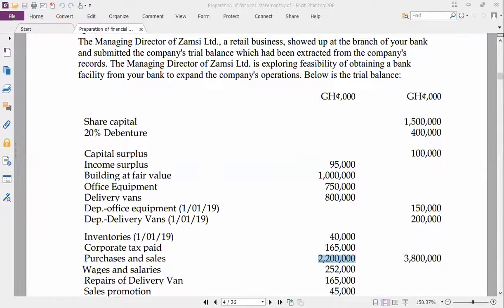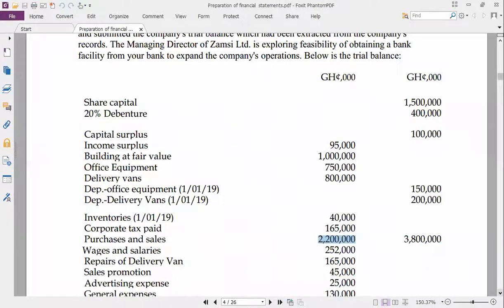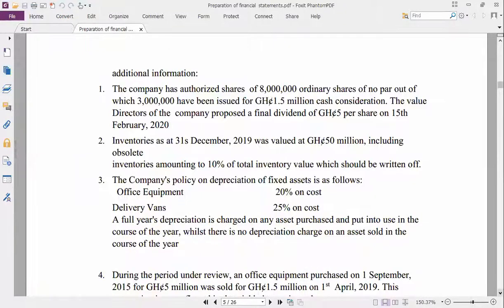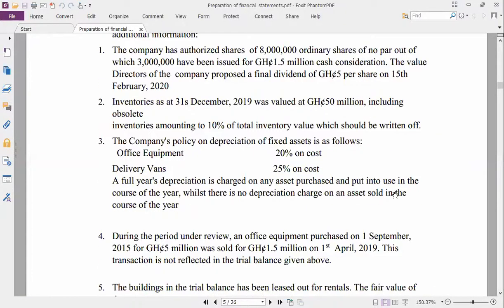Now the closing inventory happens to be in a footnote. That's note 2. They say inventories as at 31st December. When the open inventory is in a trial balance, closing inventory has to be given to you in the footnote. So this is the closing balance of inventory at the end.